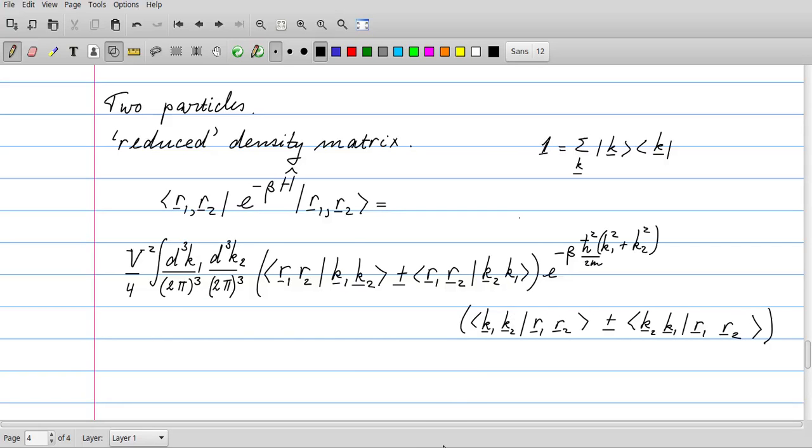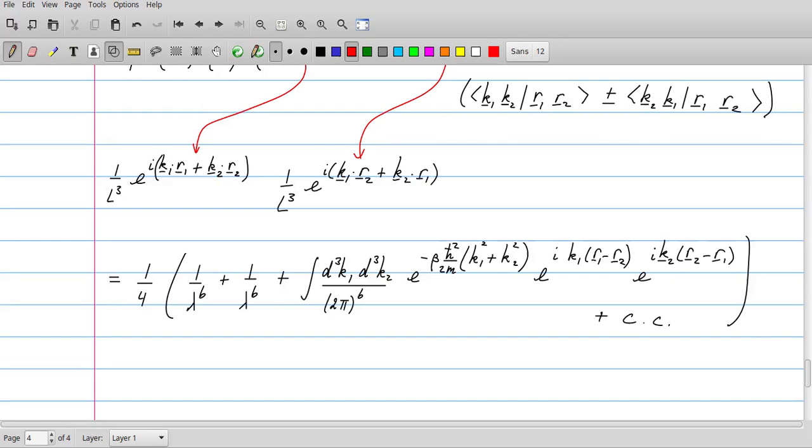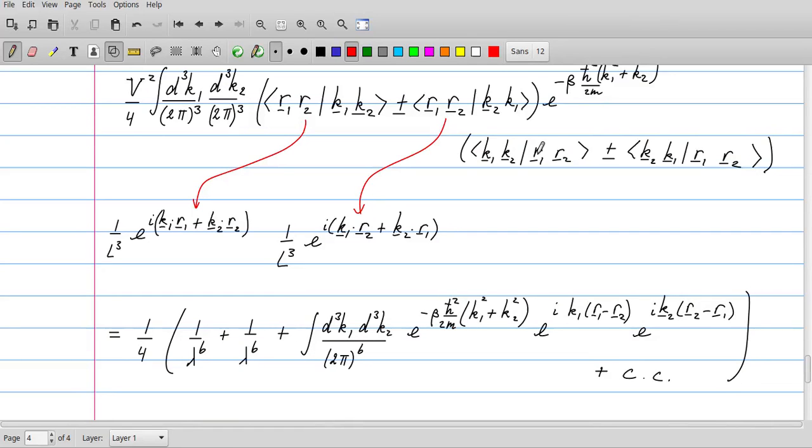In order to do that, we should realize that this term has this form: k1 r1 are combined and k2 r2. And this one has a similar form, but the k1 talks to the r2 and vice versa. Working out then the expression gives me, for the term where the left and right hand side are identical, this and that one, both a 1 over lambda to the power 6.